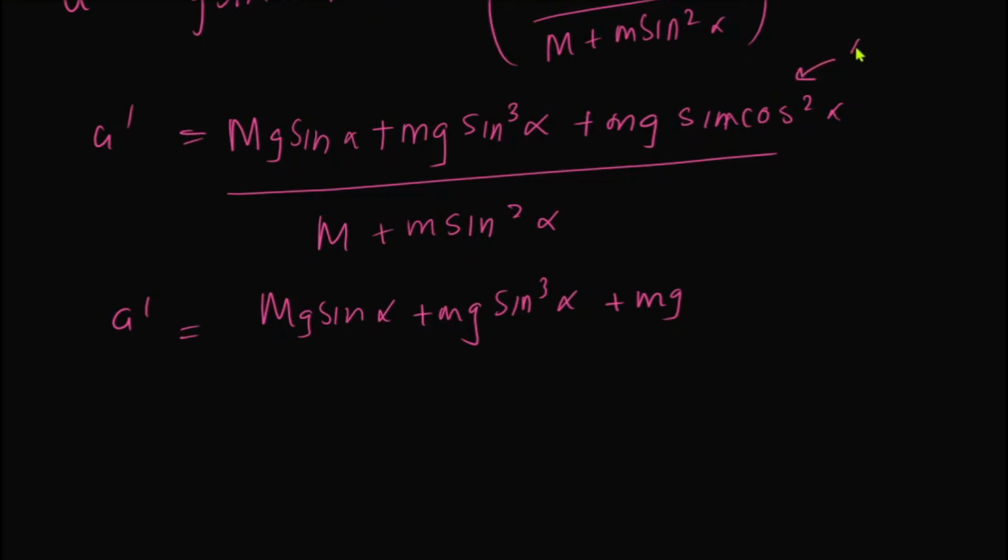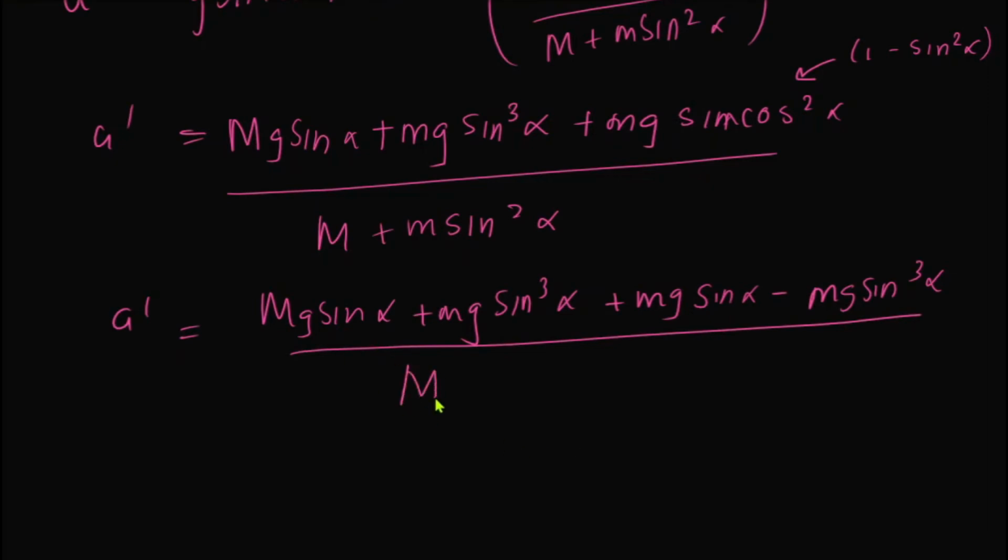So then mg sine alpha into 1 is mg sine alpha. Mg sine alpha into minus sine squared alpha is mg sine cube alpha, divided by capital M plus m sine squared alpha. This cancels out, right?